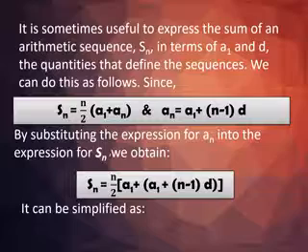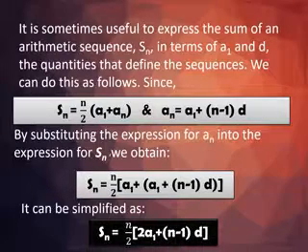It can be simplified as S sub n is equal to n over 2 times the quantity twice a sub 1 plus the quantity n minus 1 times d.